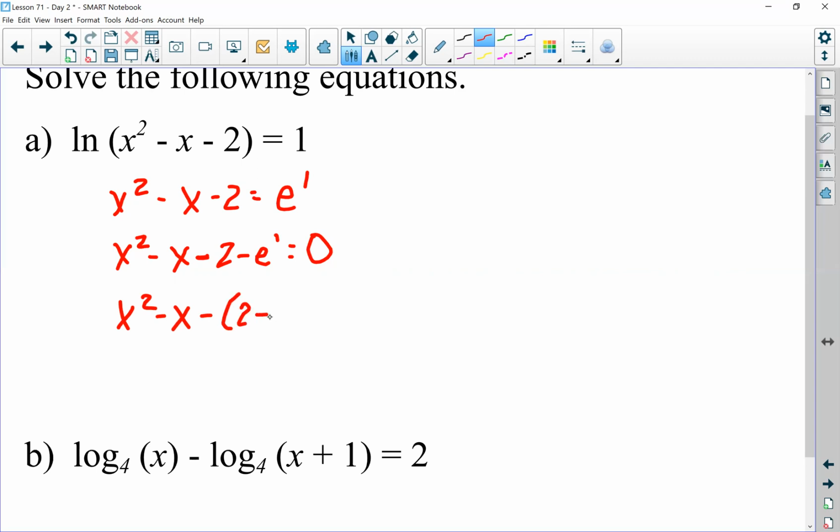If I take that minus 2 minus e to the first and group it together and factor out a negative, I get that. And the reason I'm going to do that is to solve this, we'd actually need to use the quadratic formula. And so in this case, a is 1, b is negative 1, and c is negative 2 plus e to the first.